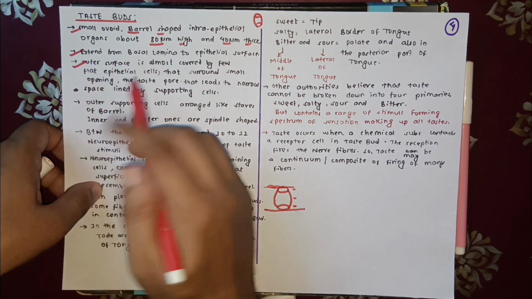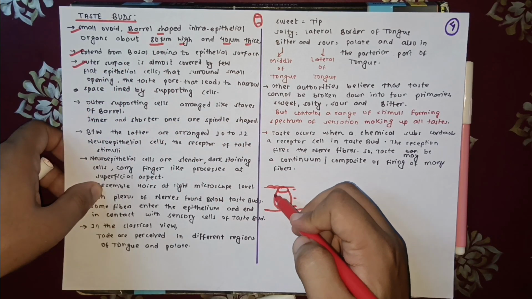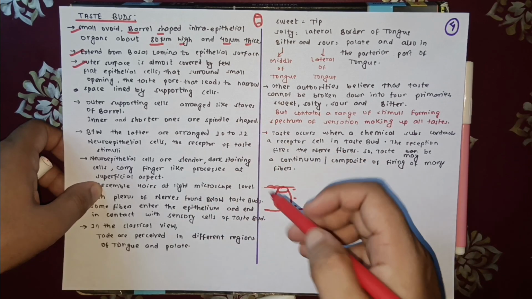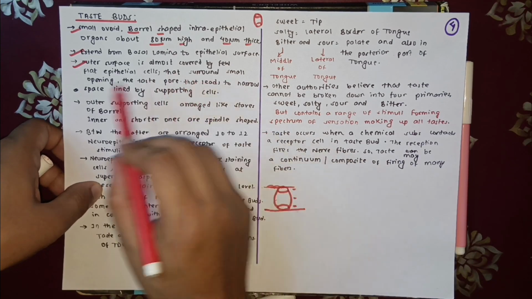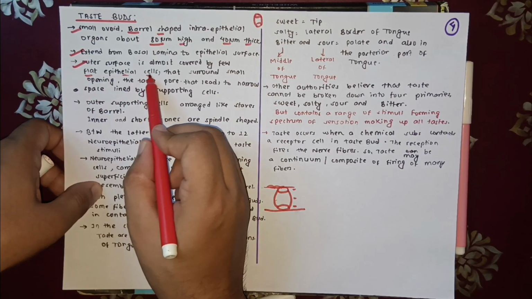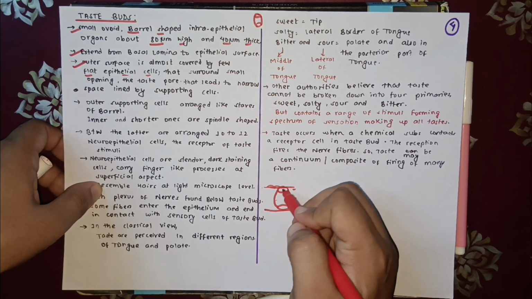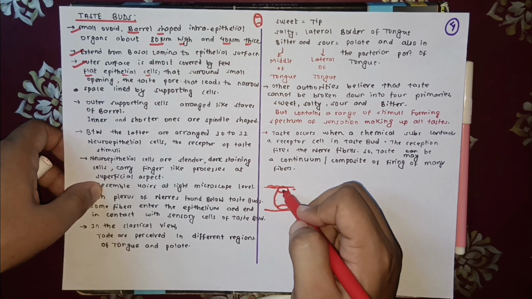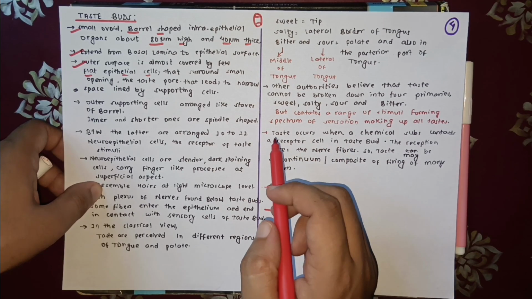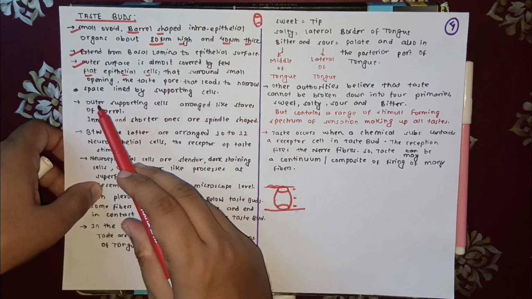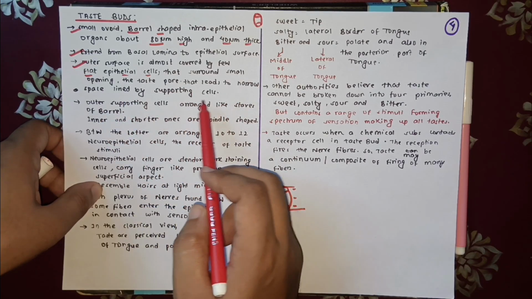So I will show you the picture, okay. This is the outer surface, and this is a quite circular structure. It is covered by flat epithelial cells that surround the small opening. I have made it quite larger here, but there is a small opening at the top, and that is called the taste pore, and that leads to the narrow space lined by the supporting cells, okay.